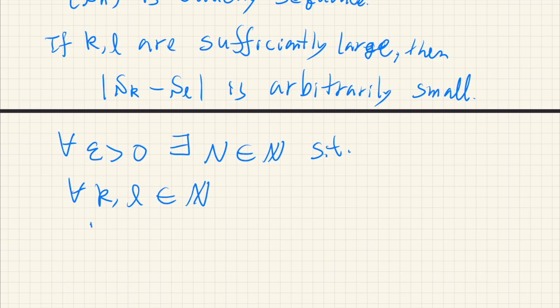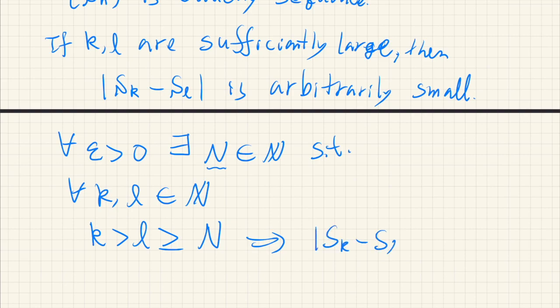If k and l are greater than or equal to this N, then the difference between Sk and Sl is less than epsilon.